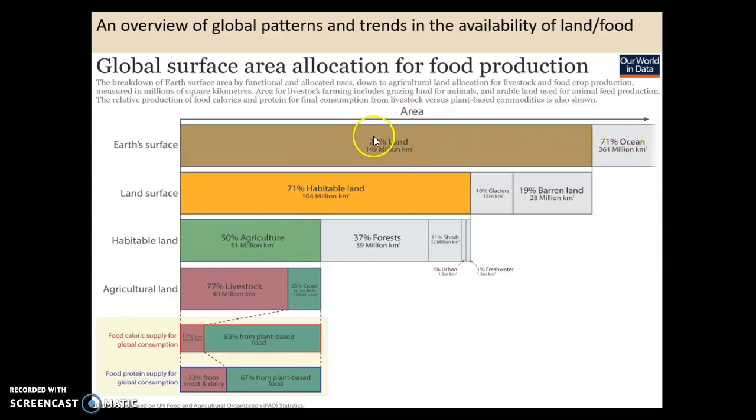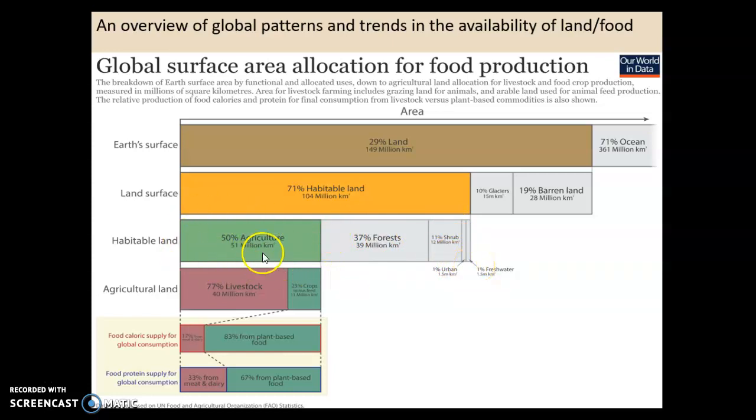And then the other 29% is land, okay? And of that 29%, 71% of it is habitable, 19% is barren, and 10% is glaciers, okay? So of that 71% of habitable land, half of it is used for agriculture. Some of it is used for forests, then you can see shrubs, urban areas and fresh water.